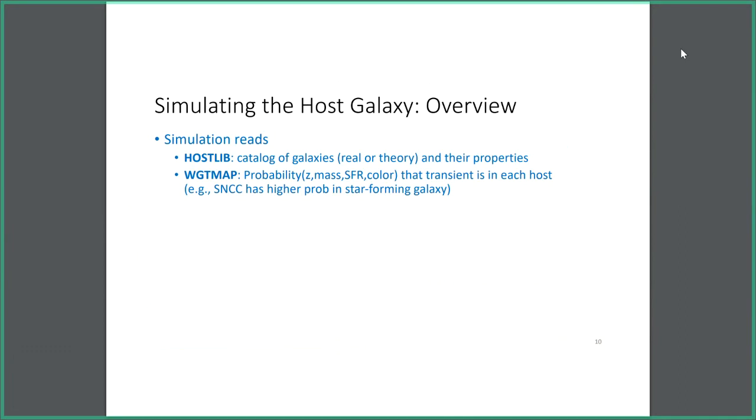For example, a core collapse supernova has a much higher probability in a star-forming galaxy than an old red galaxy. So the weight map would encode that information. And thanks to Alex and Martin, we have weight maps for most or all of the transients, instead of only a few supernova cases.